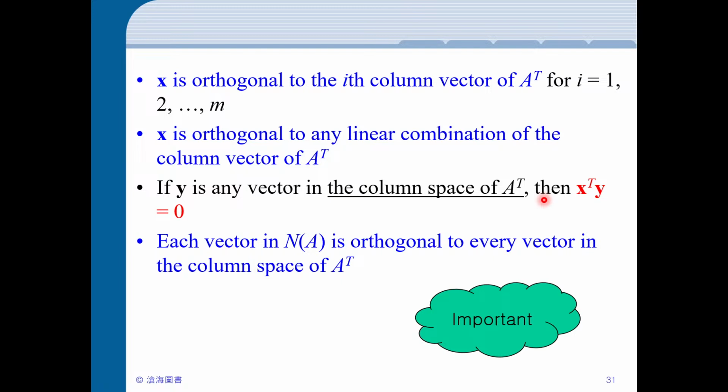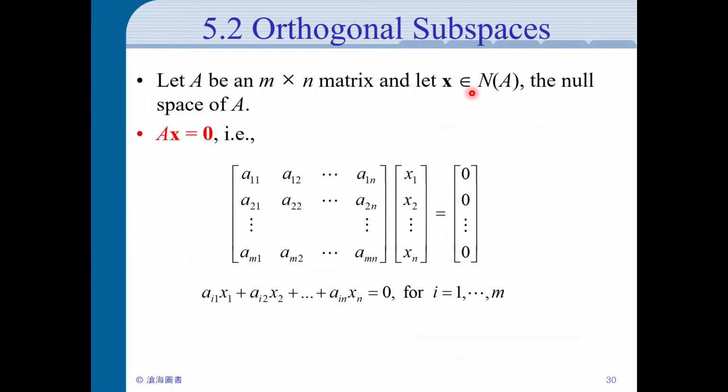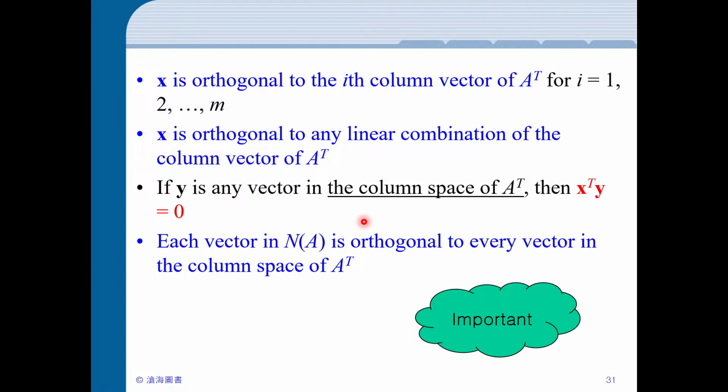We want to say x is orthogonal to every column of A transpose, but what we really want to say is x is orthogonal to the rows of A. This is why we say in this class it is funny. The column vectors of A transpose are the row vectors of A, right?